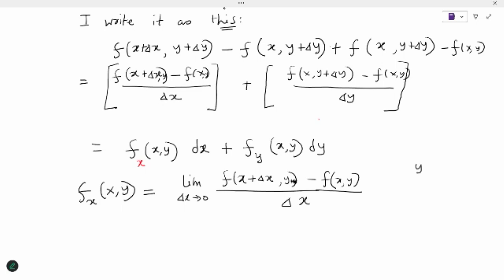As y is fixed here, we can neglect the delta y part. So this is the first order derivative of f with respect to x.